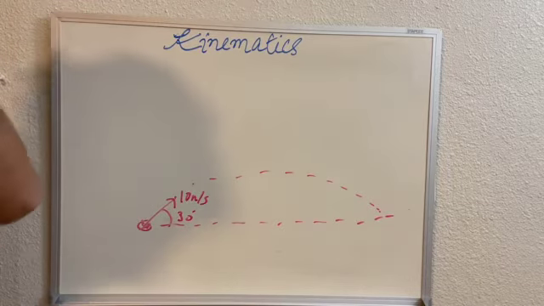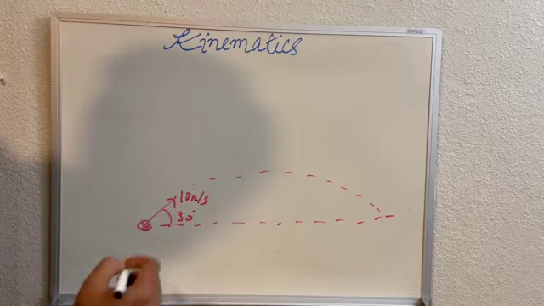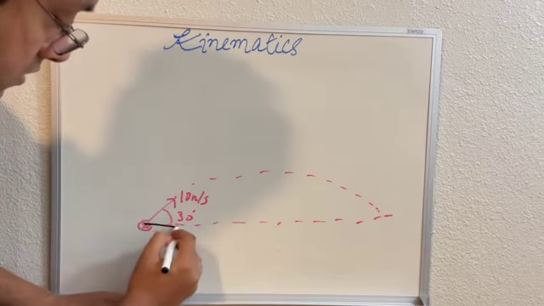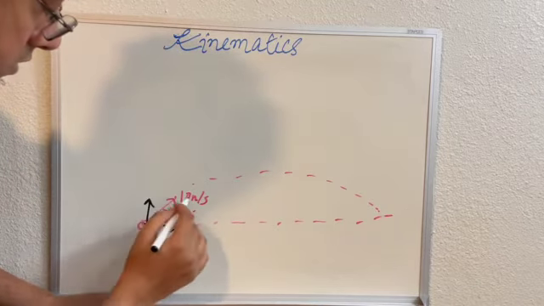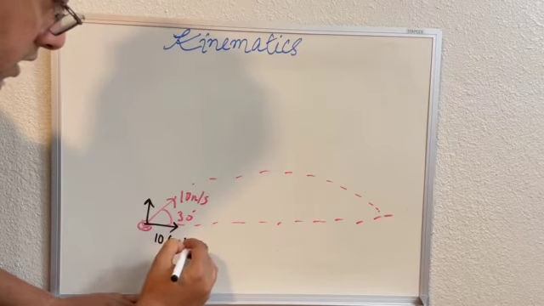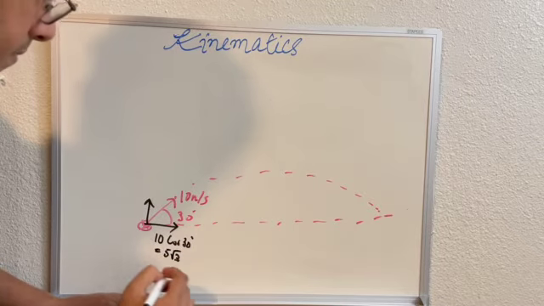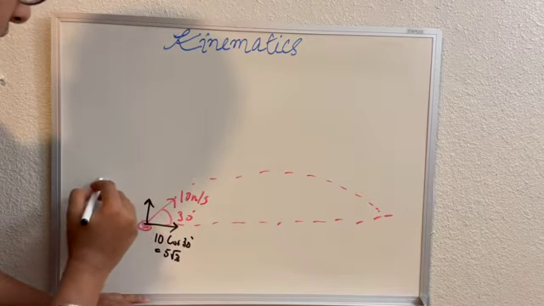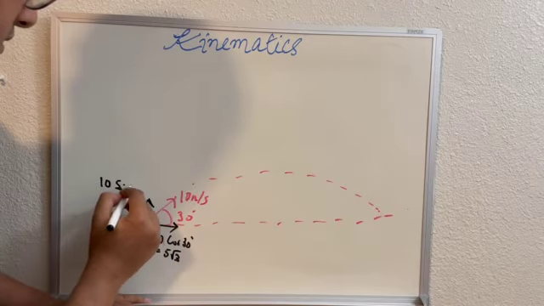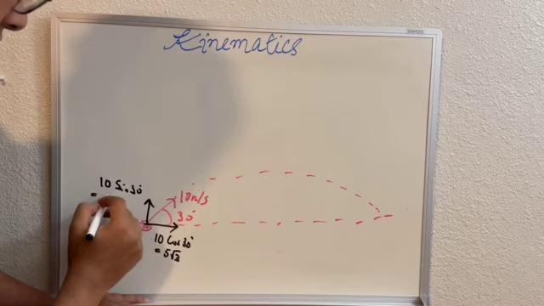As discussed earlier, we break the speed into horizontal and vertical. The horizontal speed is 10 cos 30, that becomes 5 root 3. The vertical speed is 10 sin 30, that becomes 10 times half, which is 5.